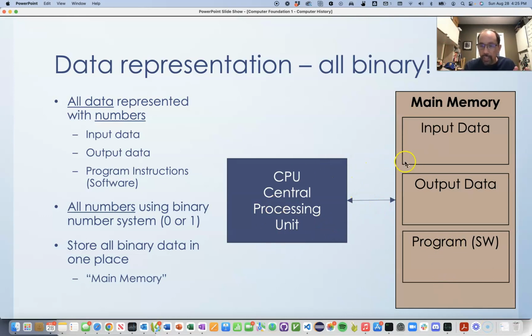And so the processing unit is talking to the main memory, it's getting data from main memory, it's doing some math operation, and then it's writing that data back out to main memory. And again, the CPU, this microprocessor, is doing things according to some program in main memory. So you can imagine that it's reading the program from main memory in order to figure out what to actually do.